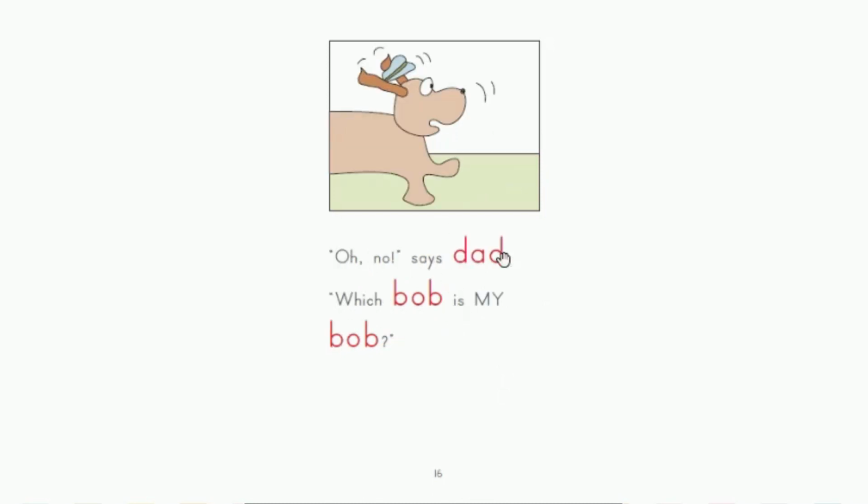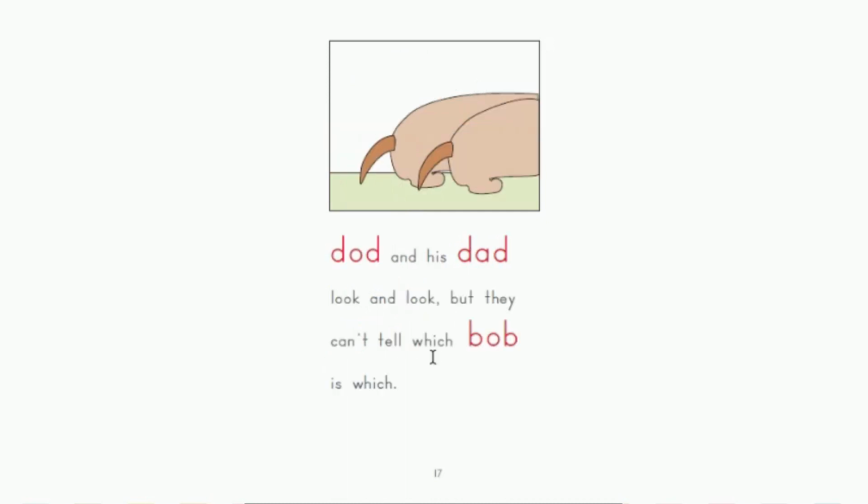"Oh no," says Dad. "Which Bob is my Bob?" Dod and his dad look and look, but they cannot tell which Bob is which.